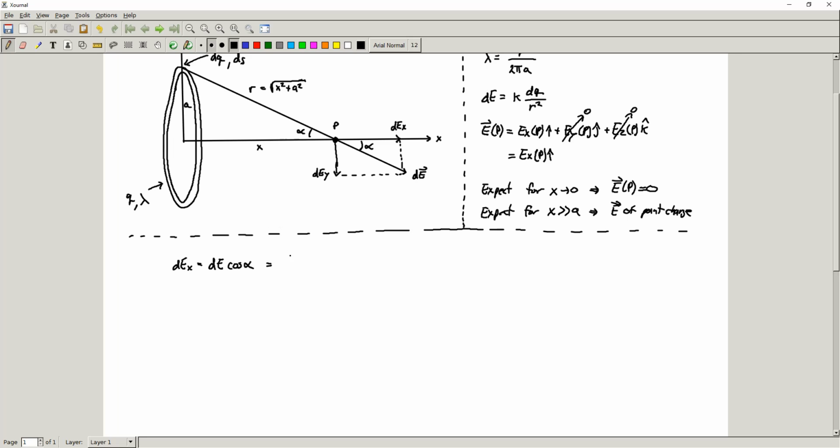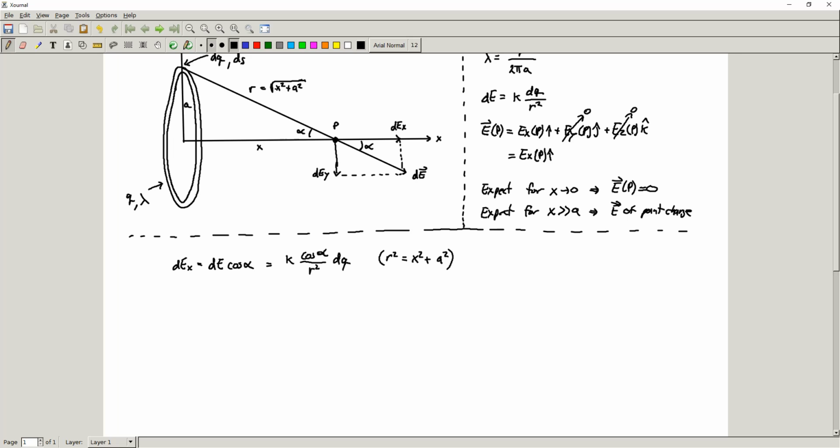So what is that going to be? Well, that's going to be k cos alpha over r squared dq, right? But we know that r squared is equal to x squared plus a squared, because of what we have up here.